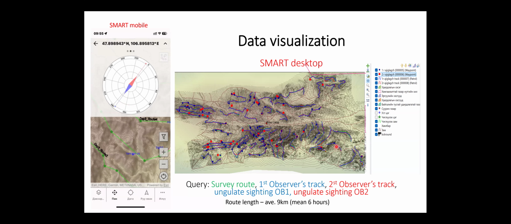This is super helpful in rugged mountains because it gives field teams clear maps, routes, compass and other navigation markers such as water holes and some herder locations. Also, with the double observer method, two observers must cross-check data right after finishing the route. This visualization tool makes that process very easy.